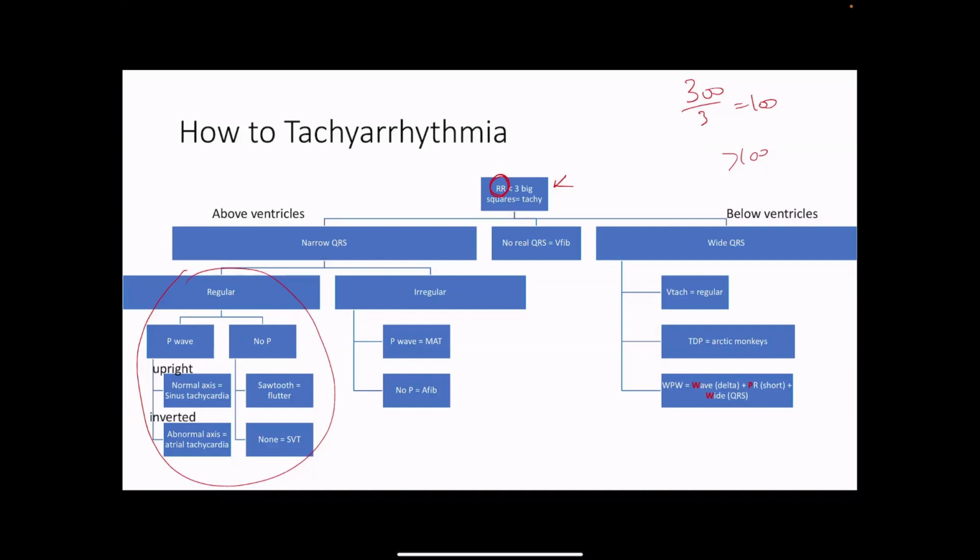So what we did now, we checked it's tachycardia because there were only two squares. The QRS was narrow and it was regular and there was a P wave and it was normal. So you can diagnose sinus tachycardia. Okay, so just take a picture so that you can easily follow along.